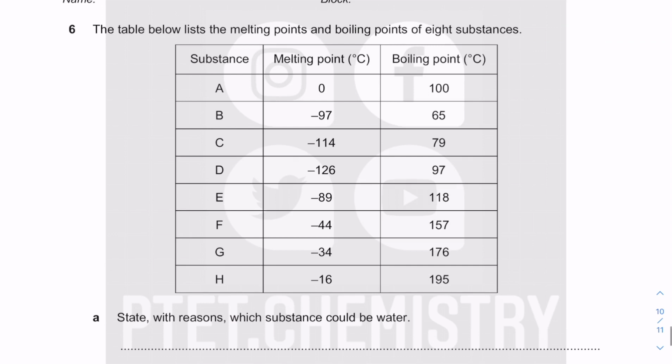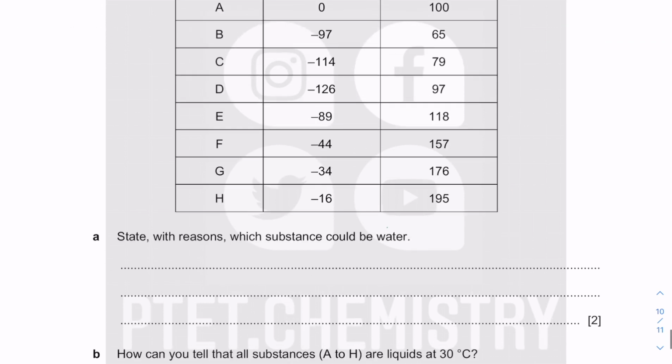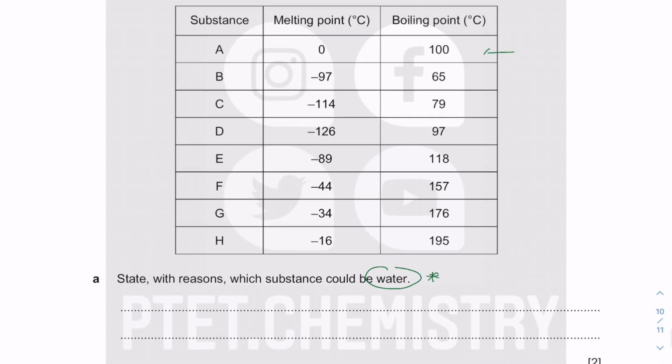Question 6 is this kind of analysis of a series of melting and boiling points again. State with reason which substance could be water. Water is a very specific thing. It has to be A because of the melting point being 0 degrees Celsius and the boiling point being 100 degrees Celsius. The reasons are very straightforward.